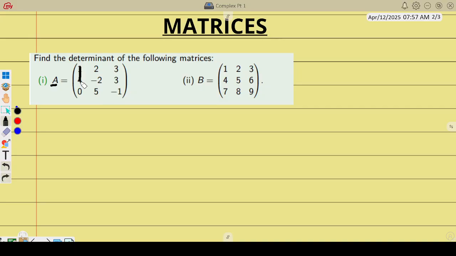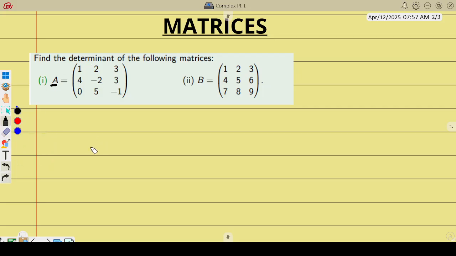Let us follow this column. We're going to find the cofactors of each of these, and we would have found our determinant. So we're going to find the cofactor for 1, 4, 0. Let us start with 1.